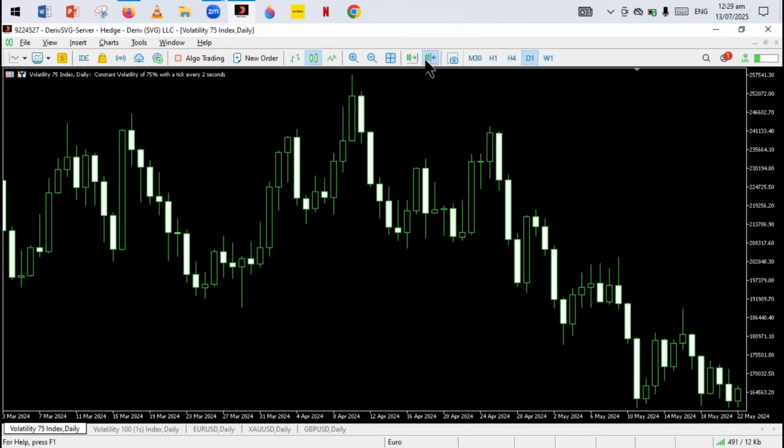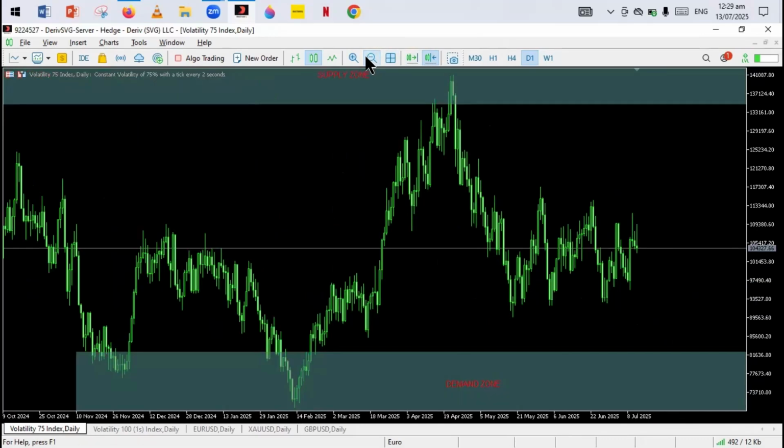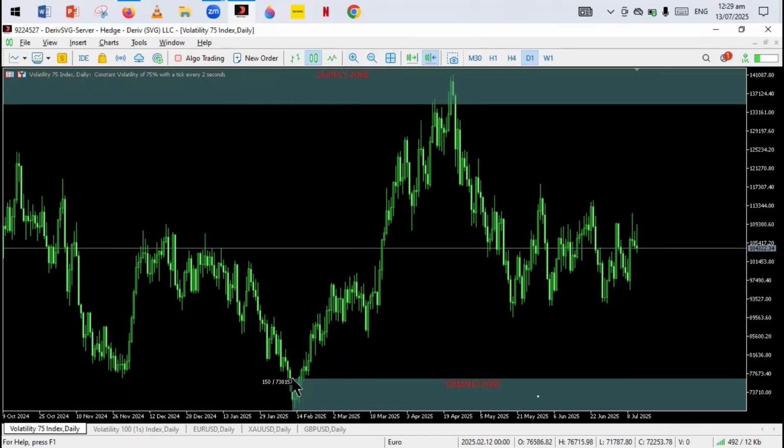If we go to the daily time frame, we can see prices moving from supply to the demand. However, price is now ranging between resistance and support.